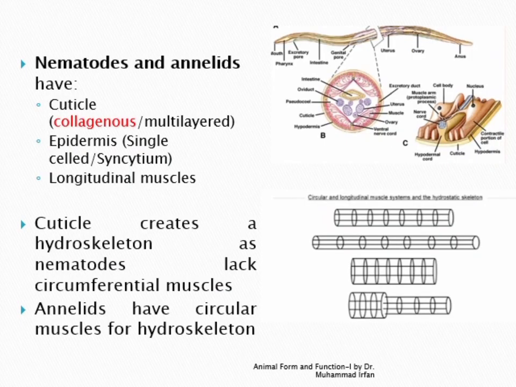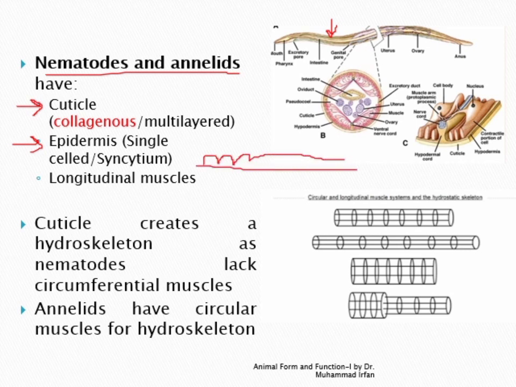In phylum nematodes and the annelids, there is an extra layer on the outermost layer of the cells, that is the epidermis. So the configuration of the integument is similar to other multicellular organisms: the epidermal layer is present. In nematodes and annelids, this epidermis could be a single cell layer, or it could be a syncytium.